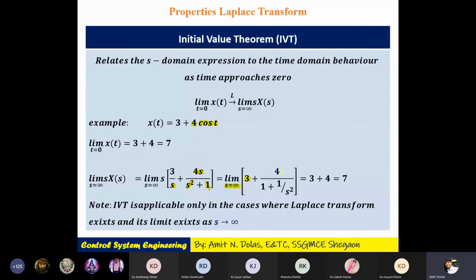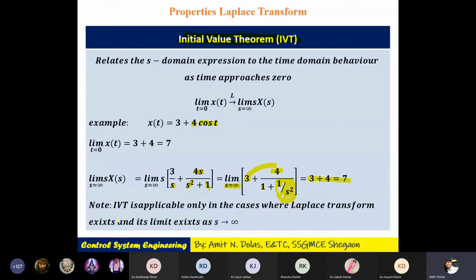Putting the limit infinity, it will be 1 plus, with a little adjustment, 1 plus 1 upon s square, and then the limit is put. What is s square? Putting infinity here, this term will be 0. So 4 by 1, so 3 plus 4, again it is 7. So you can see the initial value theorem. What does the initial value theorem tell us directly? If in the time domain t tends to 0, then s tends to infinity.